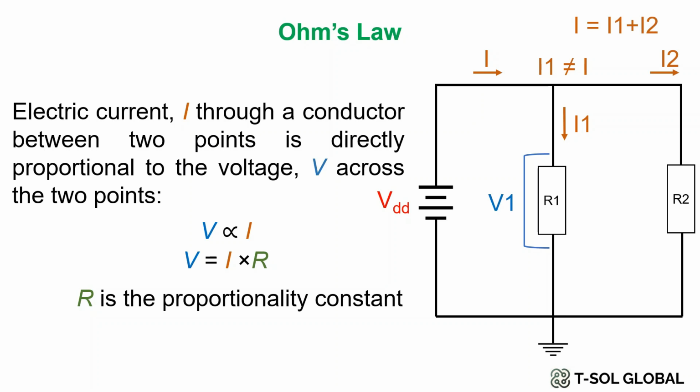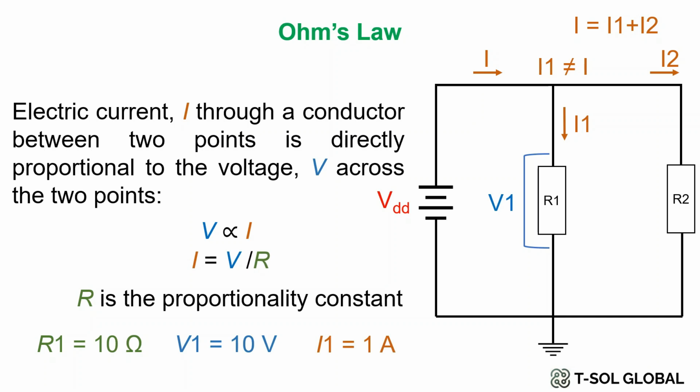Again, if we consider a constant resistor of 10 ohm at R1, then first we will rearrange Ohm's law and write I is equal to V by R. Then if we have V1 as 10 volt, it will give I1 equal to 1 ampere, which is calculated again from Ohm's law.